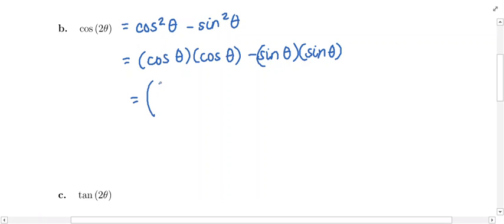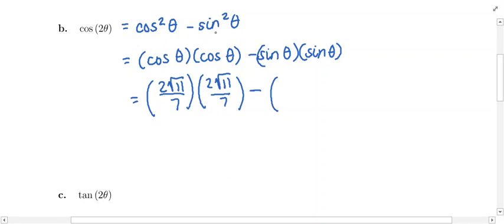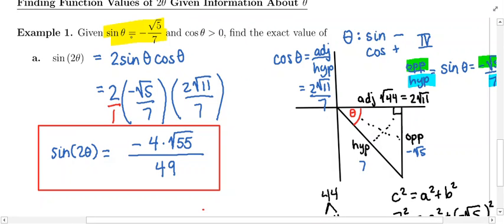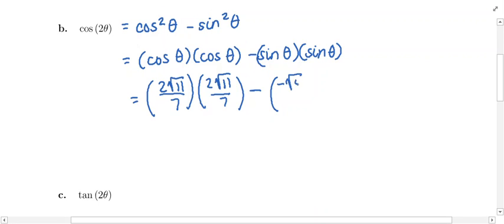So 2 square root of 11 over 7. We need to square that, or multiply it by itself. And then we're subtracting. We need to go get the sine. The sine was given to us. It's negative square root of 5 over 7. We're going to square that, and then we're going to simplify and we will be done.